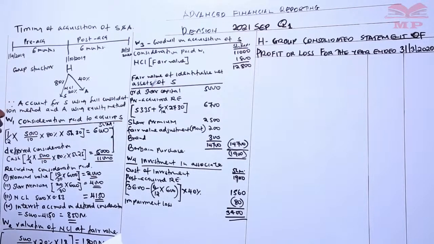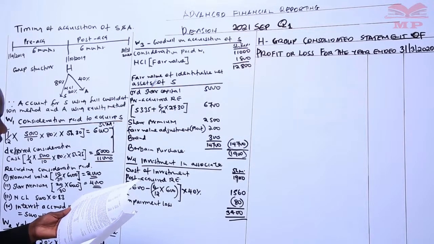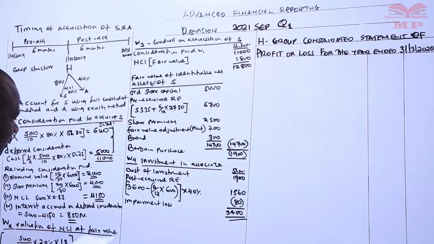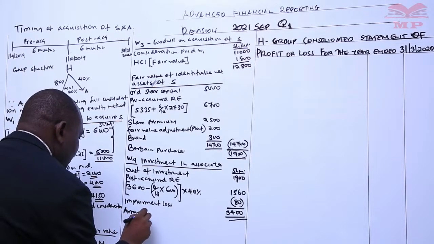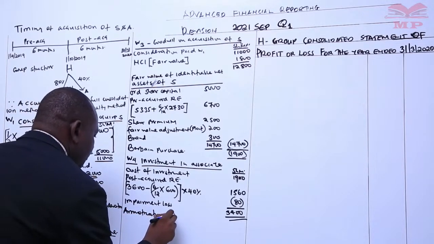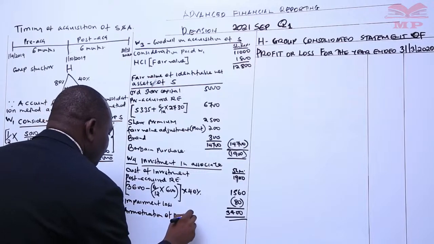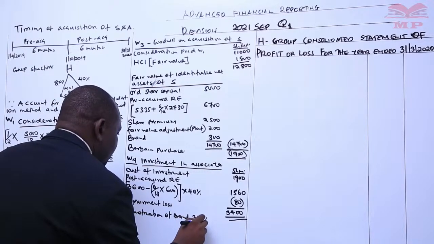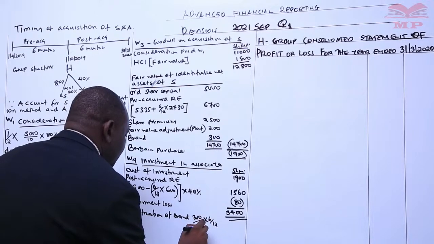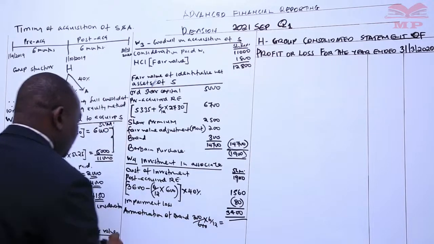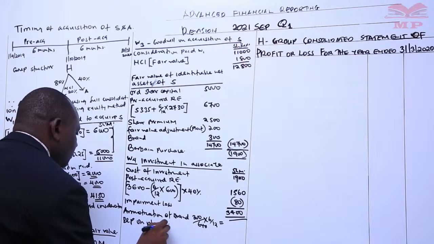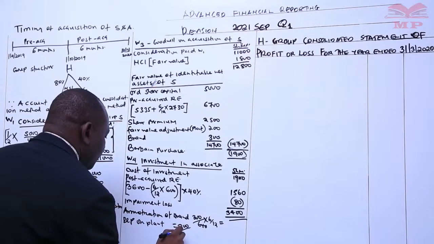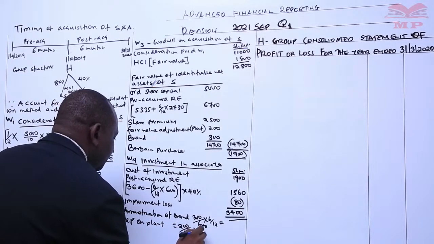Now, once you determine these two workings, you can also work on note 1. Still, there is depreciation and amortization. So amortization of brand, that is 300 over 6 times 6 over 12. This is 6 years. Then depreciation on fair value adjustment is 200 over 10 years times 6 over 12.